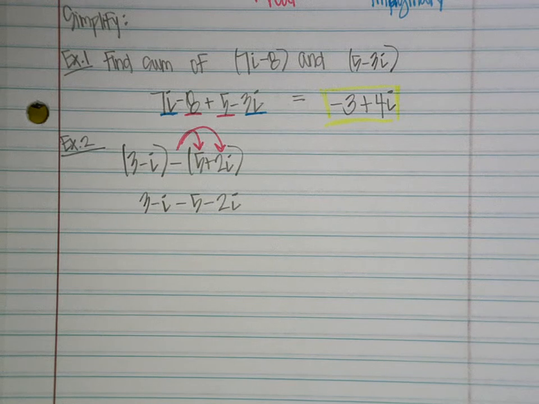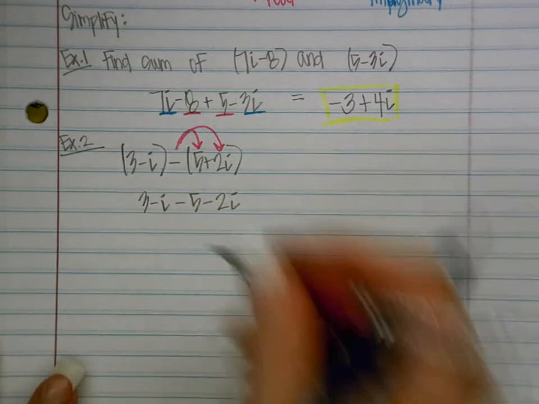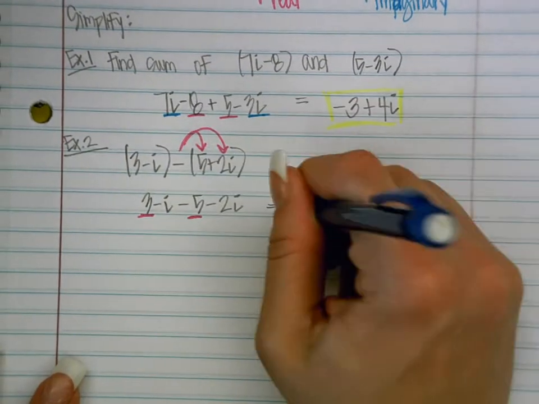So which are the like terms here? And which ones should you add together first? The real parts first. So 3 minus 5 gives you what? Negative 2.